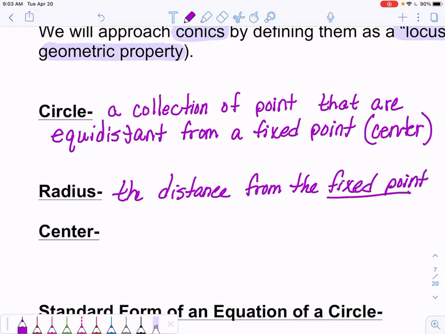So the distance from the fixed point, he said, to one of the, we'll call them outer points, that's fine. So the radius we know has to go from the fixed point, which is really the center, to the edge of the circle. And then of course, the center is our fixed point.